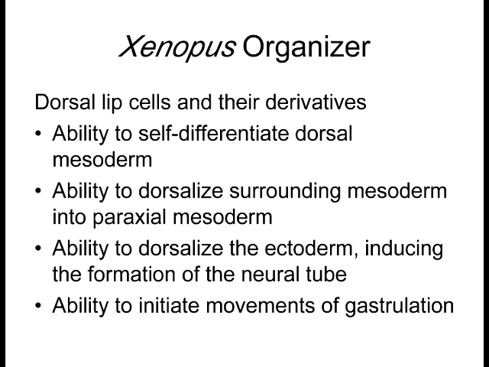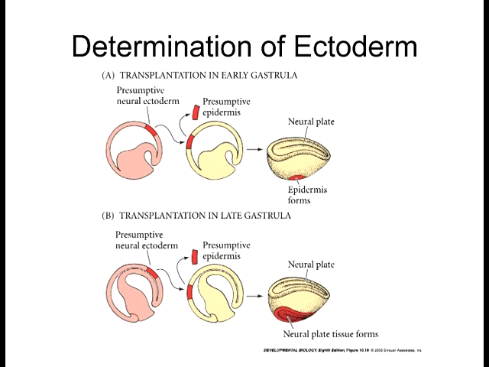In fact, everything we've talked about up to this point, the involution, the ingression of cells, those are all initiated by the organizer in each one of these organisms. Okay? So let's look at how these things work. Now, they've shown that at a certain point, if they remove cells from one part of the tissue, do a transplantation experiment, and take it from various regions and put it into another region, nothing happens.